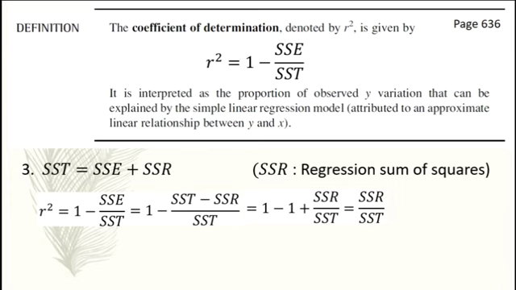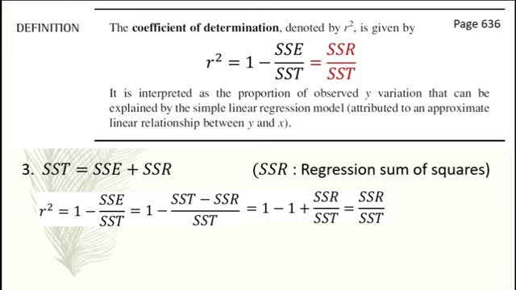So this is actually just another way of calculating your coefficient of determination. Suppose instead of being given SSE, you are given SSR, then you can use it to calculate your coefficient of determination. Or if you have this formula and you have SST, you can use it to calculate SSE. This formula, I don't think it's usually given in your formula sheet, so this is something that you might have to memorize if you do need it.